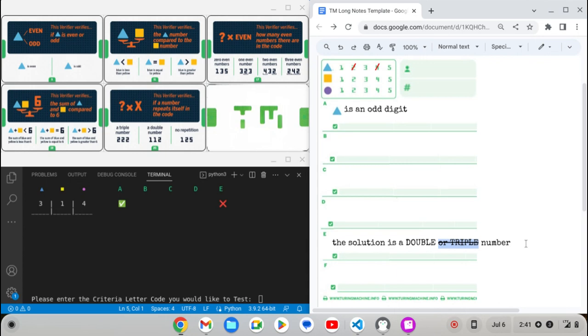Okay, so we are dealing with a double, and obviously if we knew how many evens there were, we would know which kind of double it is. Are there 2 evens or 2 odds?